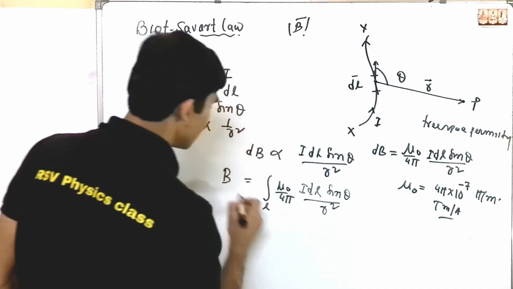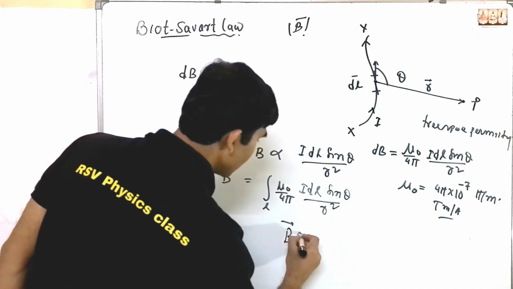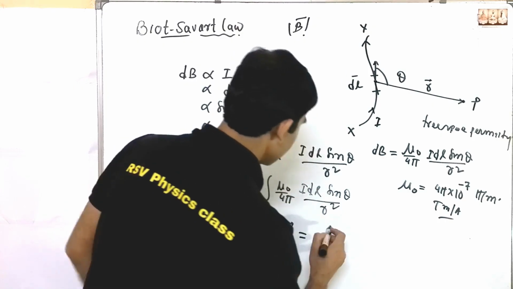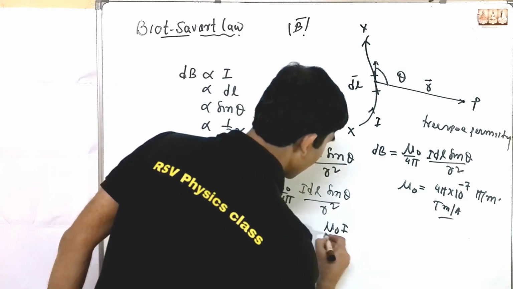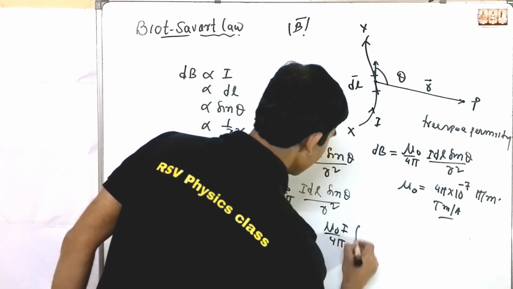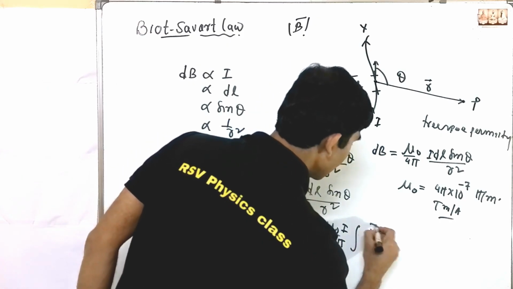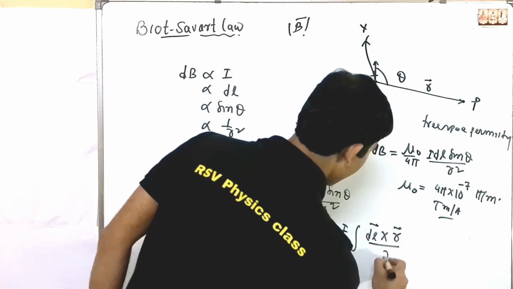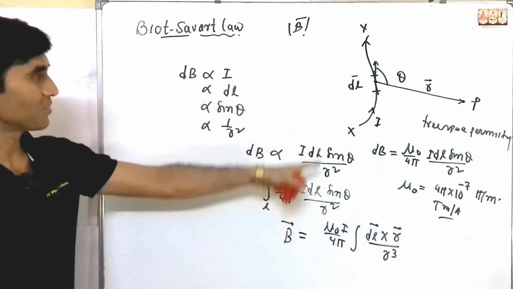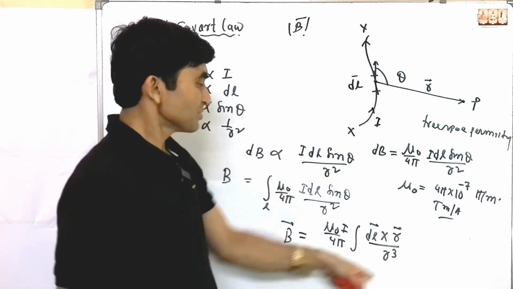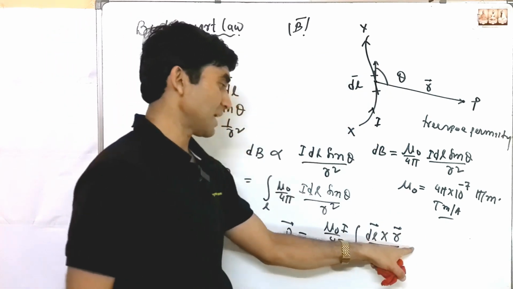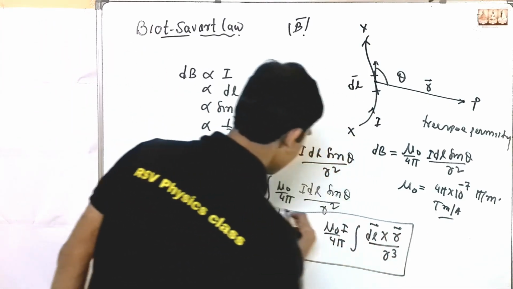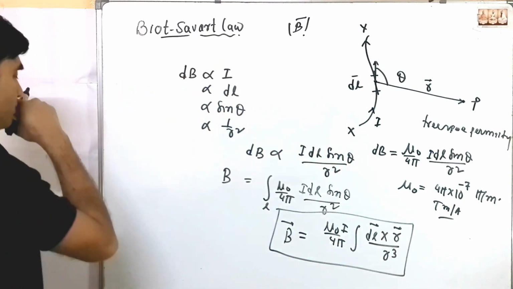In vector notation you can also write B equals mu 0 I over 4 pi, integral of dl cross r vector over r cube. This is the r vector, and dl cross r is dl r sine theta. So in vector notation you can also write it. This is the Biot-Savart law.